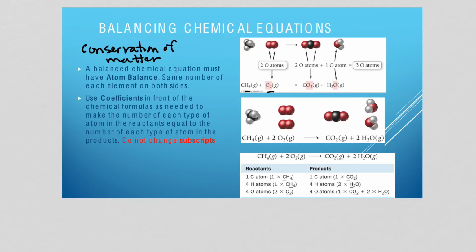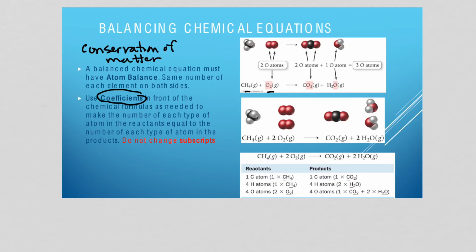Now, the way we balance is to use coefficients. So these are numbers that we place in front of all of the reactants and products to denote how many molecules or atoms are reacting, right? So it may not just be one thing reacting with one thing.